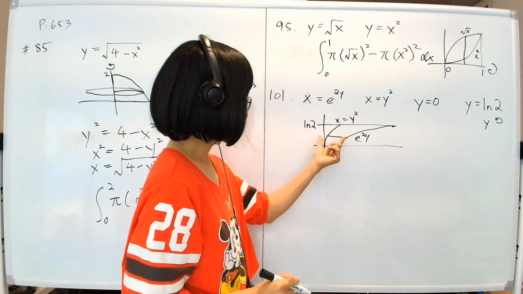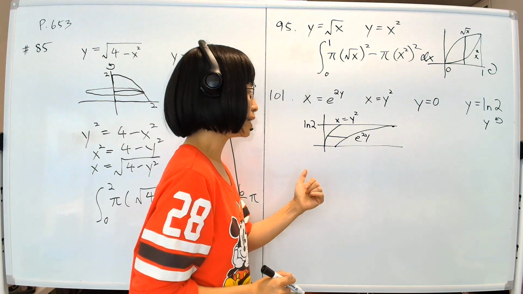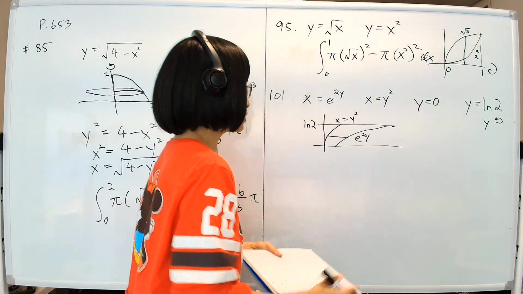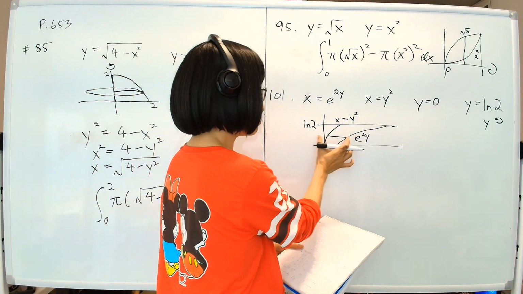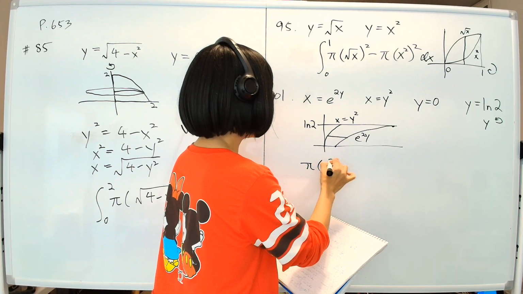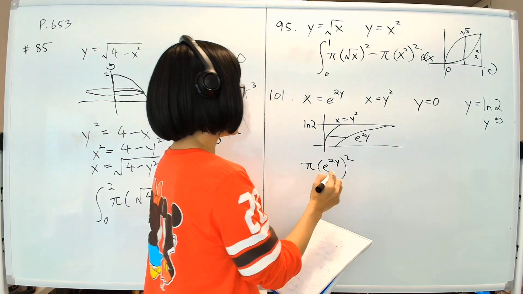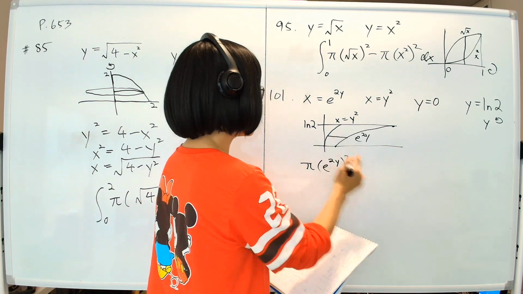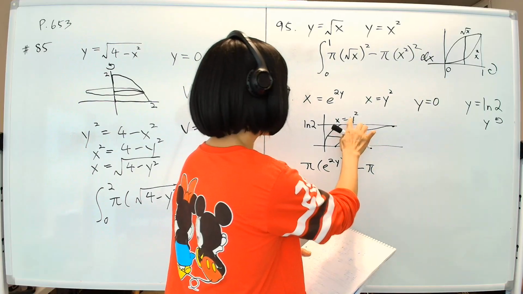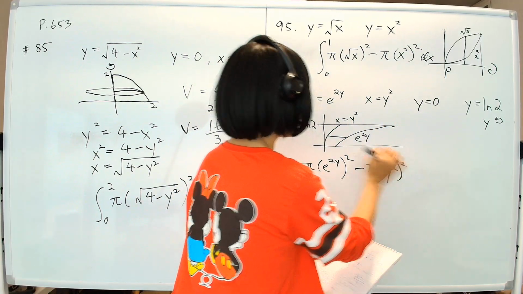As you notice, the radius of the disk has to be subtracted by the hole again. So the equation, as always, is the big one, which is pi times e to the 2y, squared. That's the big circle, and then big area minus the hole. The hole is the small area, which is pi times y squared, squared. That's the small radius.